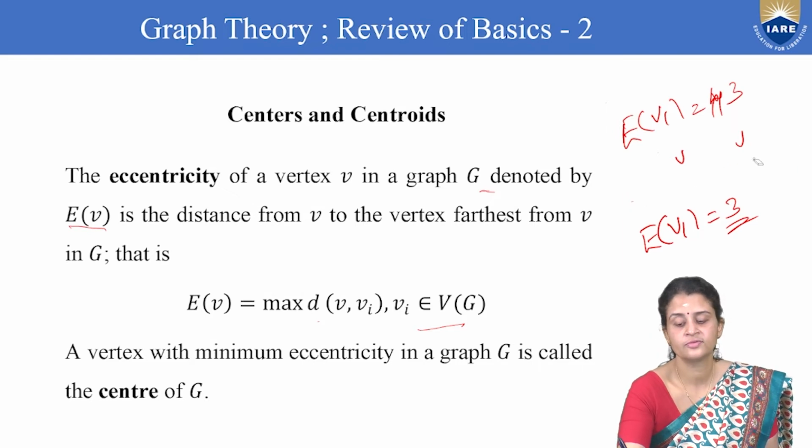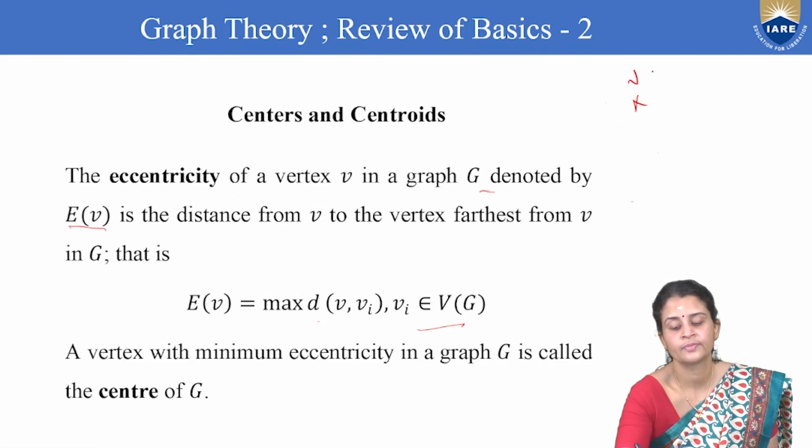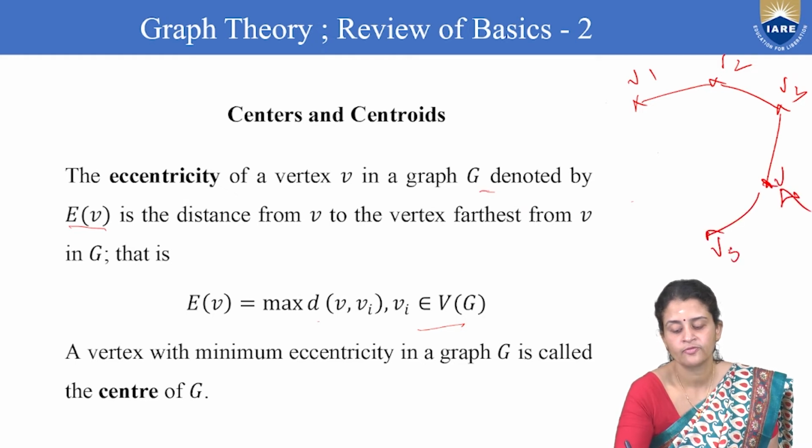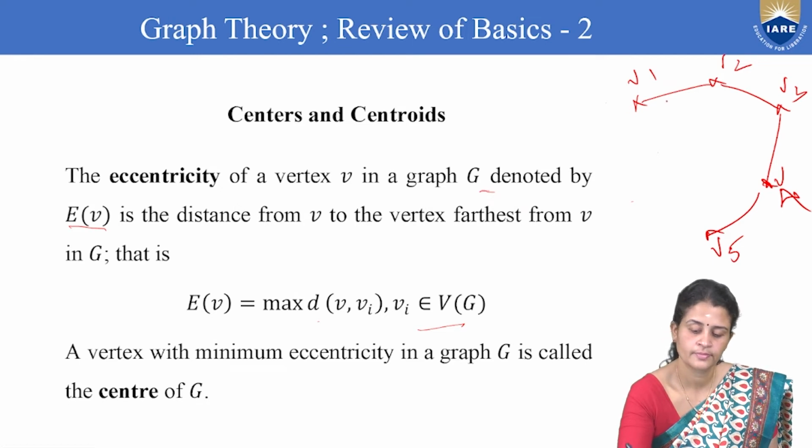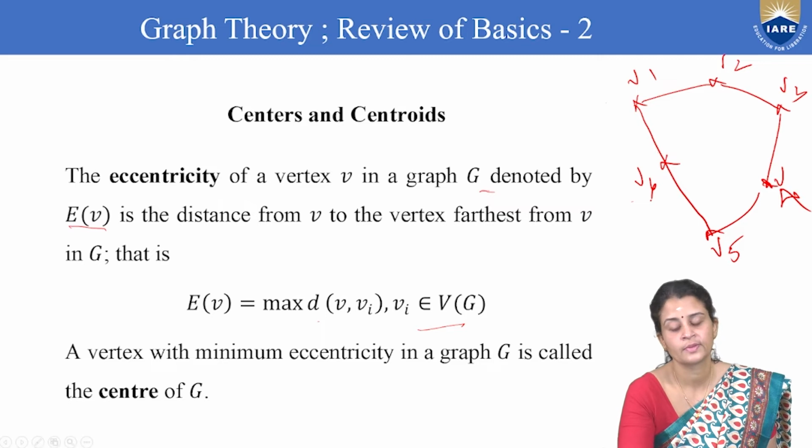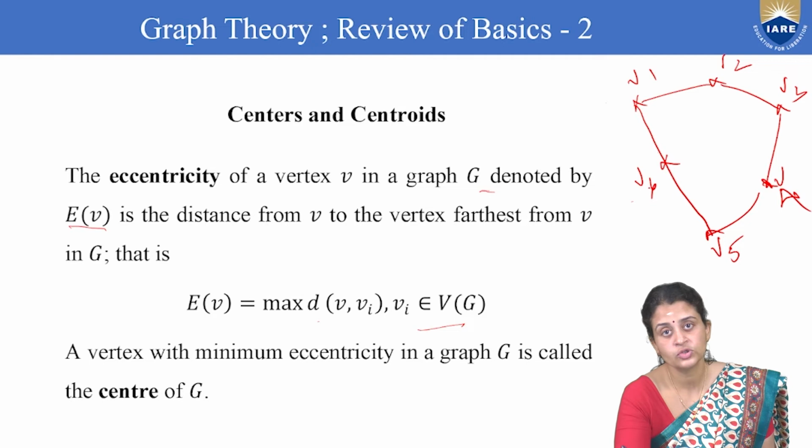What happens if the graph is like this? V4, V5, V6. We can find the distance between V1 and V5 to be 2.